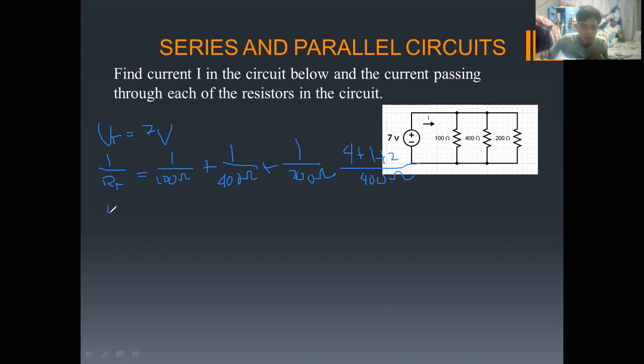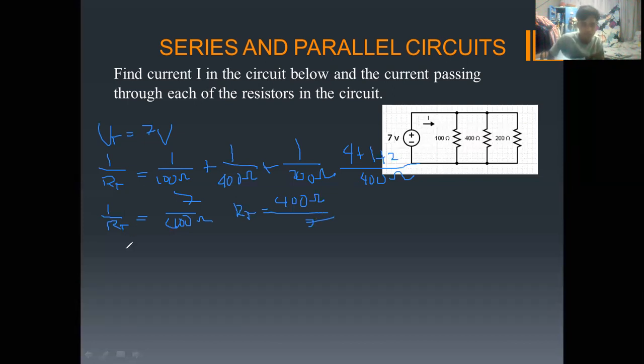So, kuha natin 1 over R total equal to 7 over 400 ohms. So, yung R total natin, reciprocal lang, is 400 over 7 ohms. Yun yung R total natin.